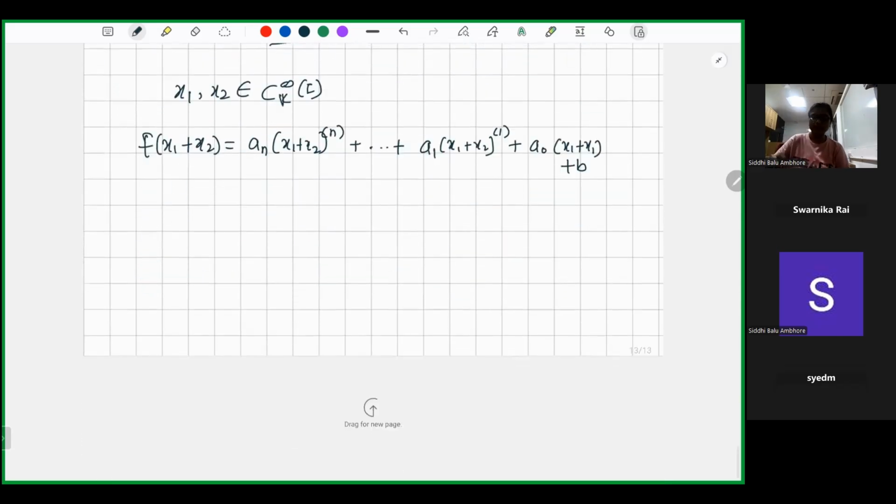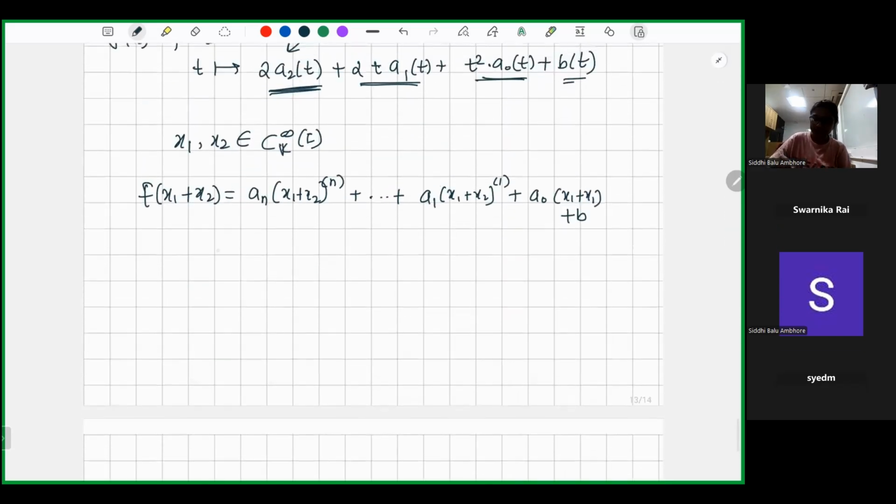If I separate them, we know that the nth derivative of x1 plus x2 is x1 nth plus x2 nth. So differentiation is additive: the differentiation of two functions is the sum of the differentiations.